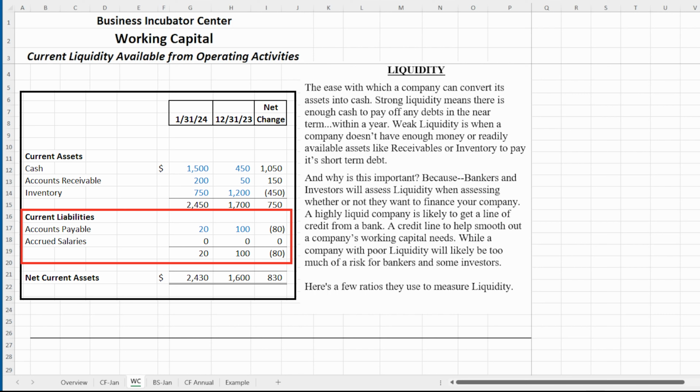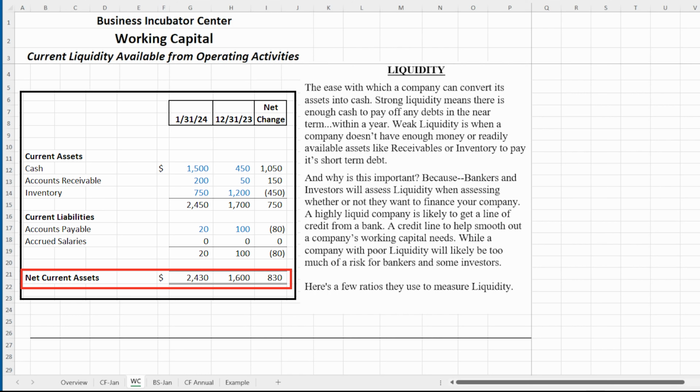Next, we have current liabilities. In this case, accounts payable and accrued salaries. When you subtract the liabilities from the assets, you get what's called net current assets or working capital. And all of these numbers can be used to measure liquidity.